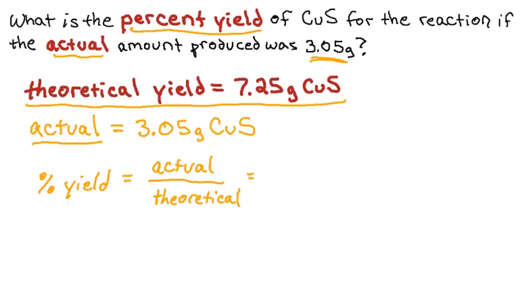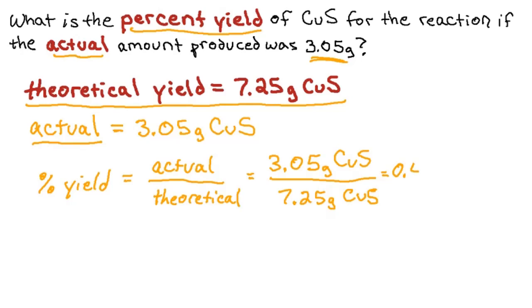So the actual is going to be the 3.05 grams of CuS, and the theoretical is going to be the 7.25 grams of CuS, which is 0.420689655.